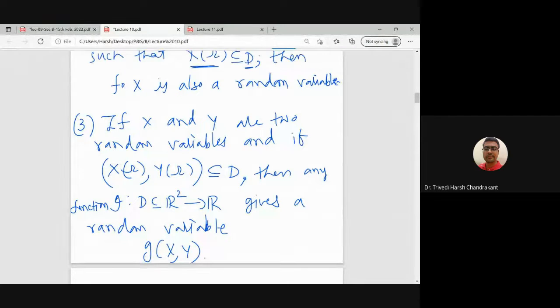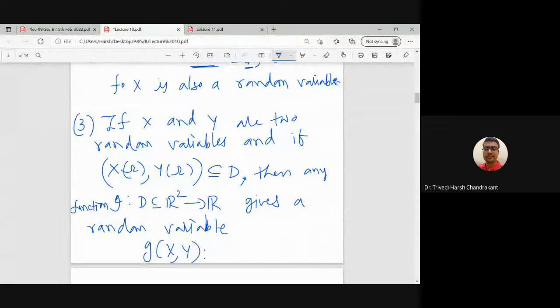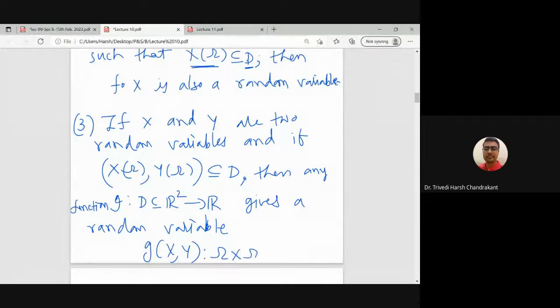So what is the domain of this? The domain of this is omega cross omega to R.